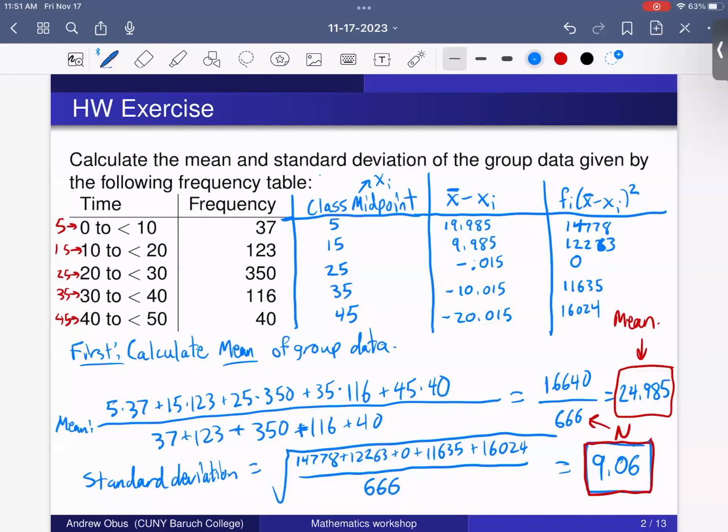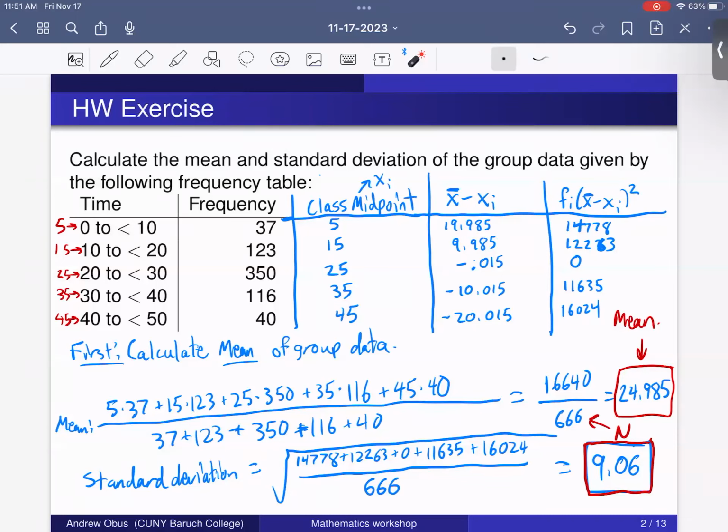One thing to keep in mind is you should do a bit of a reality check. Remember that the standard deviation is supposed to represent roughly, on average, how far your measurements are from the mean. So if the mean here is about 25, then our measurements sometimes are 20 away, sometimes 10 away, sometimes very close. So this average of 9 is a very reasonable answer to get.